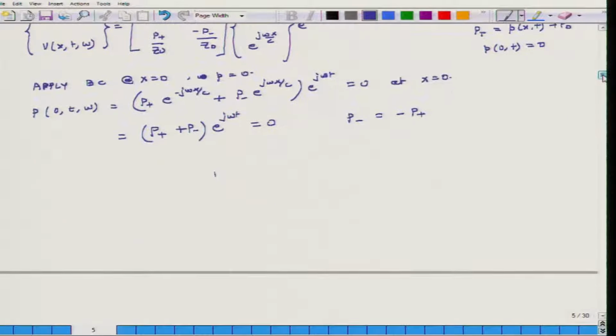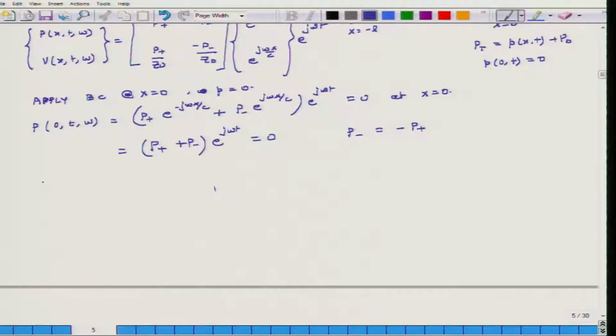So, with that understanding we rewrite the transmission line equations for an open tube.